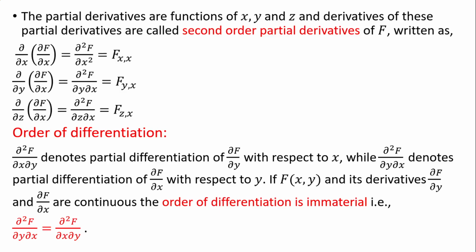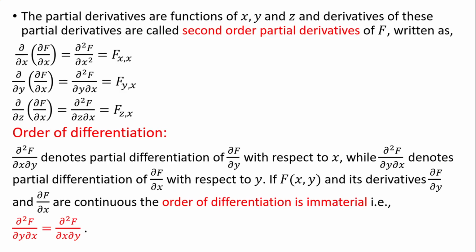Now let us concentrate on total differentiation and the chain rule in partial differentiation. Suppose a function f depends upon independent variables x, y. So f equal to f(x, y) is a function of variables x and y.